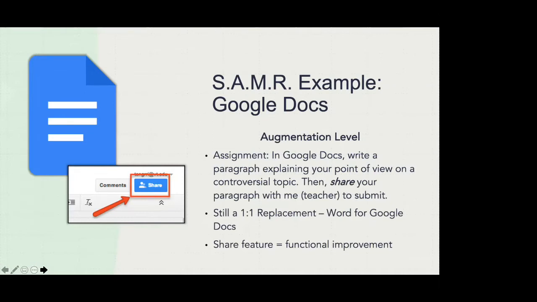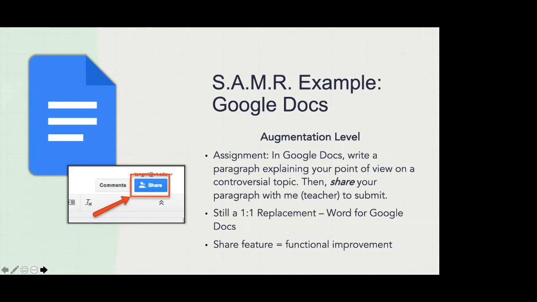We're swapping Word or a piece of paper and a pencil for Google Docs, but now we have a functional improvement in the form of that share feature. Right, now there's some other thing that students have had to learn to interact with, that allows for greater collaboration or easier collaboration than maybe previously possible. So that's the augmentation level with Google Docs.